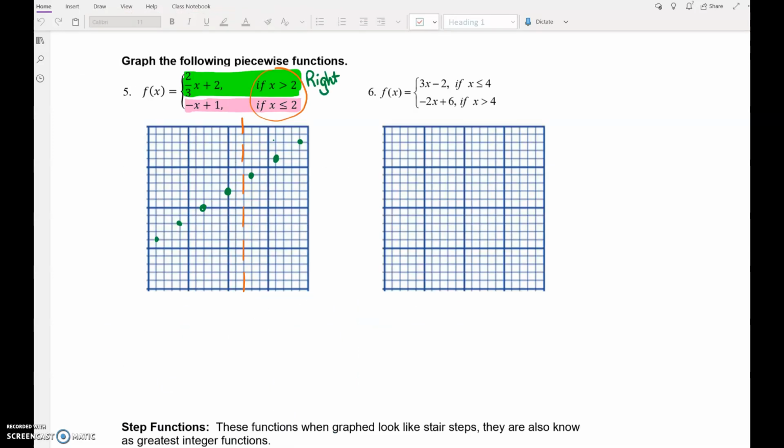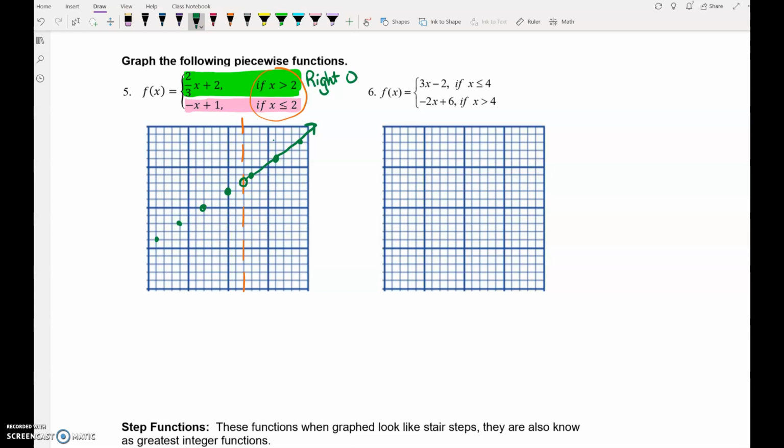Now we're back. Once we figure out that this green function needs to exist on the right side, we also need to think about what's going to happen right at that orange line. Are we including 2 in the green function? X has to be bigger than 2, so I'm going to put an open circle when we get to the orange line.